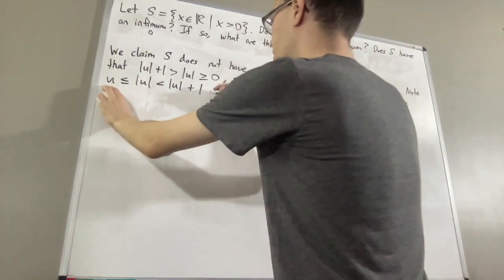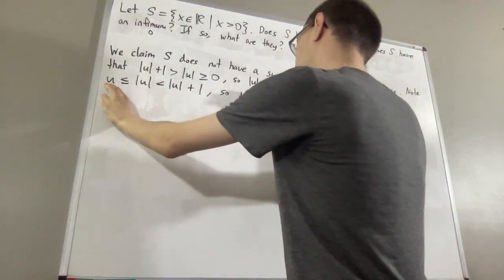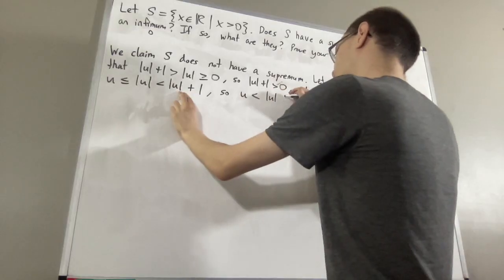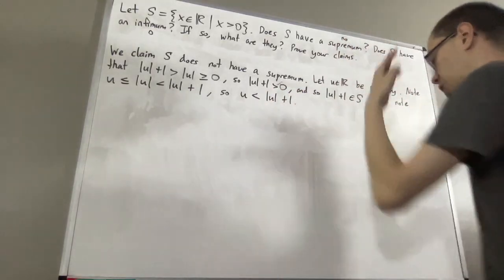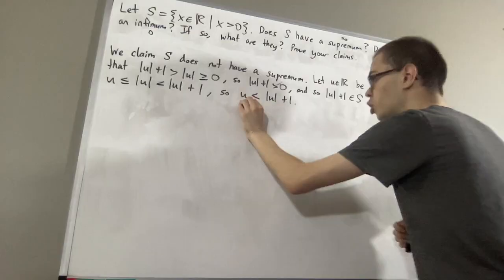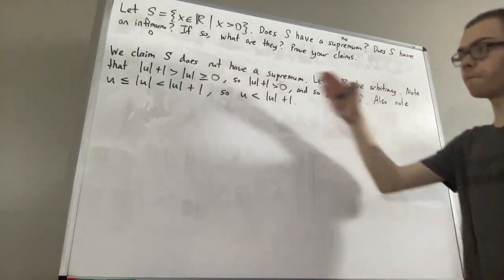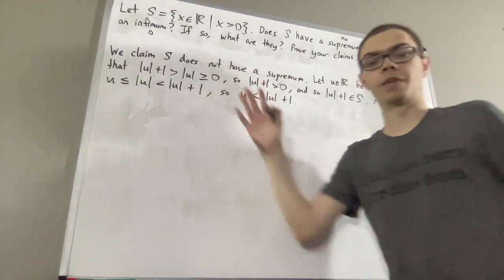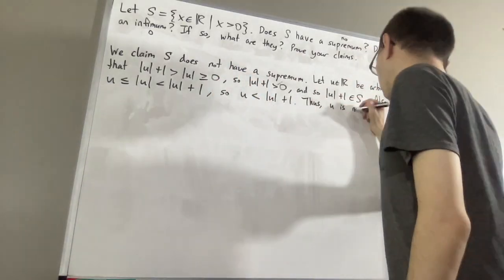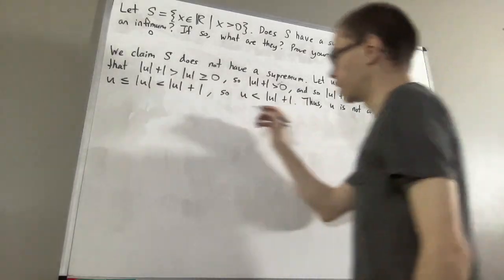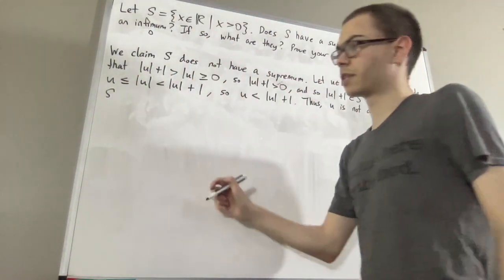So this shows U is strictly less than the absolute value of U plus 1. So putting this all together, we see that U is strictly less than some element in S. Therefore, U is not an upper bound of S. And so, because U is not an upper bound of S, U can't be the supremum of S.